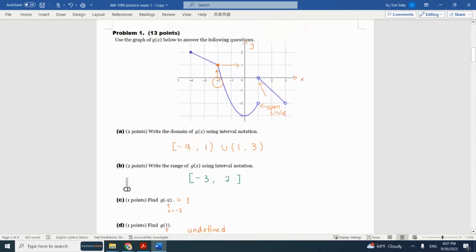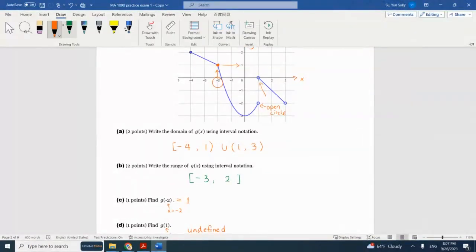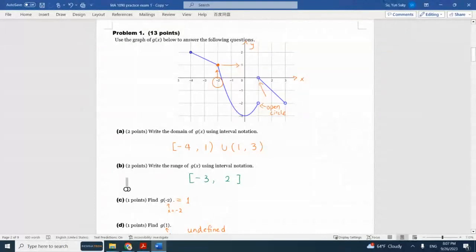Okay, look at the picture. So we have y is -2. So let me erase the graph. Okay. So y is -2. So on the y-axis, you find -2. And then you find, okay, what are the x values? Do you see this point? This point, the x value is -1.